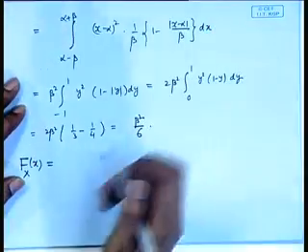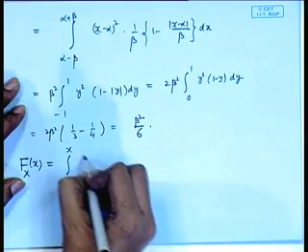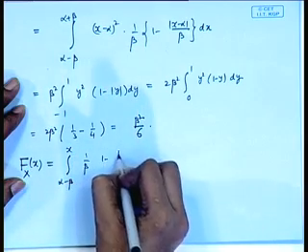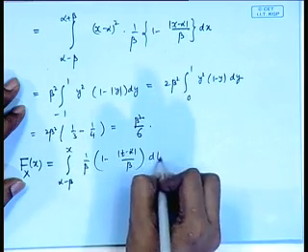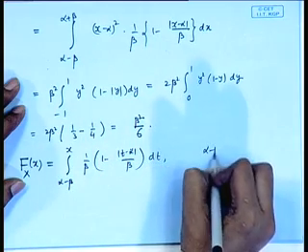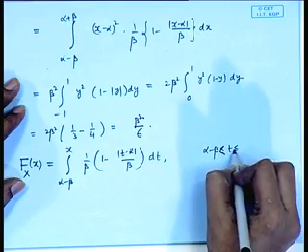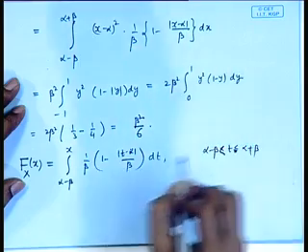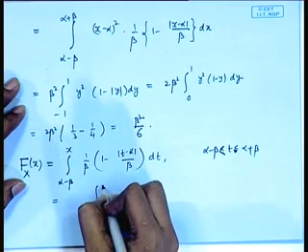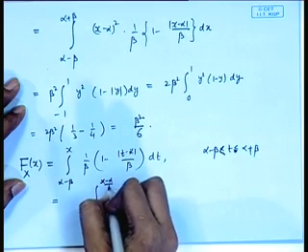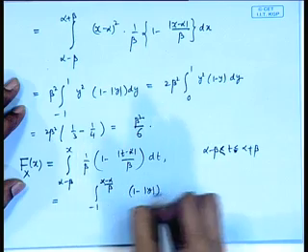So, we need to concentrate on the integral from alpha minus beta to x of 1 by beta times 1 minus modulus of t minus alpha by beta dt, for t lying between alpha minus beta and alpha plus beta. By considering the transformation, this becomes the integral from minus 1 to x minus alpha by beta of 1 minus modulus y dy.